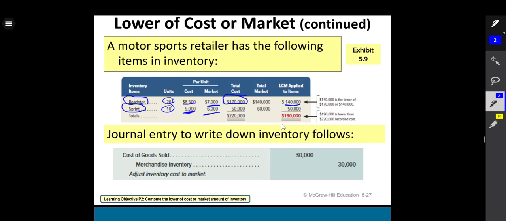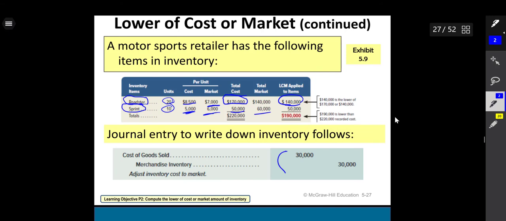Now look at the Sprint model. If we look at this, we have $50,000 in total for this compared to $60,000 in the market, meaning that we're going to value this at the cost that we have, which is $50,000. Because the market right here is lower than what we have in cost for the Roadster, we need to make this adjusting entry.